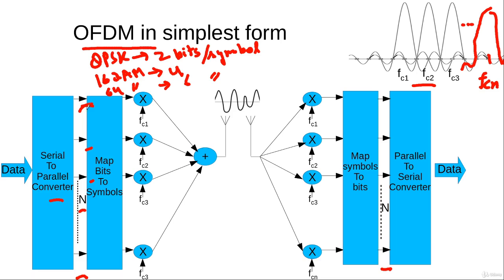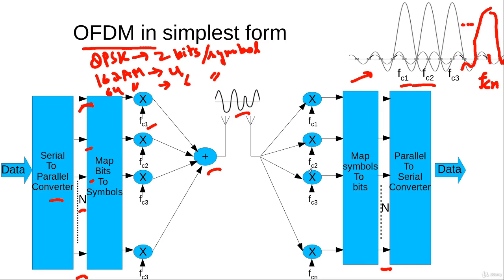So once the bits are converted to symbols, then each of these symbols is multiplied by their respective subcarrier frequencies, and then these signals are added so that we get this OFDM signal, which is a composite signal of all these signals.